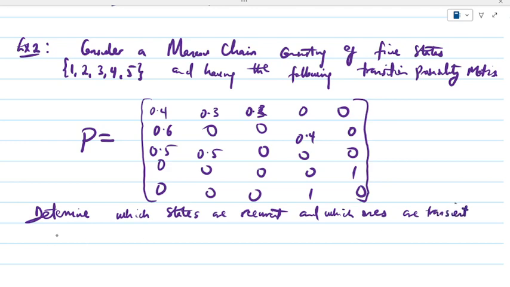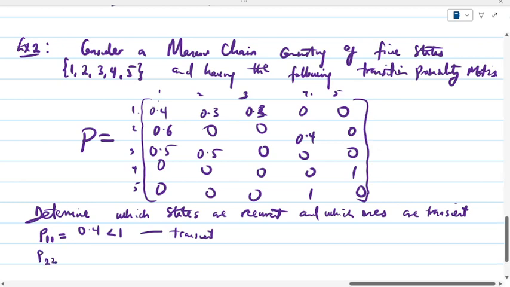Let's take one after the other. The transition probability P of I to I: from 1 to 1, don't forget it's 1, 2, 3, 4, 5. So 1 to 1 we have 0.4, which is less than 1. So this is transient.